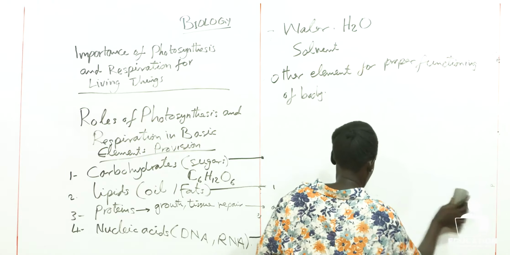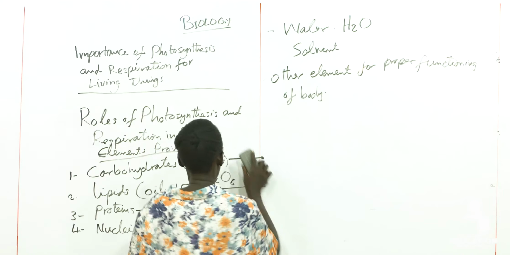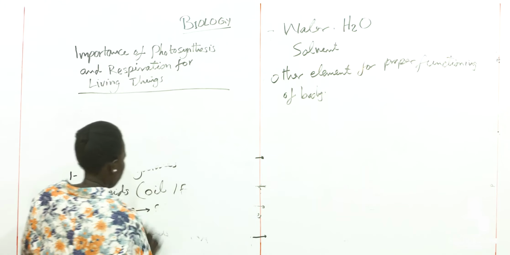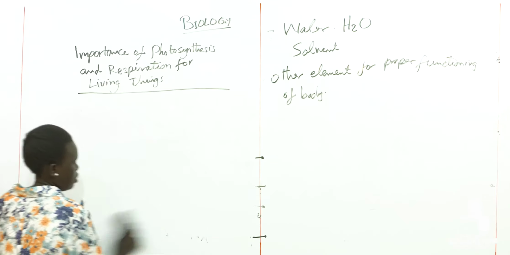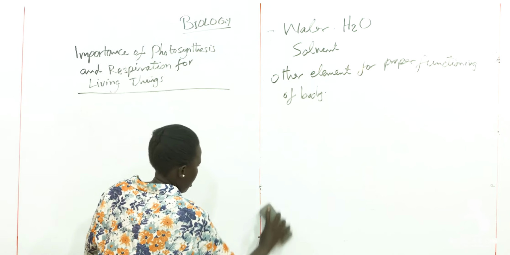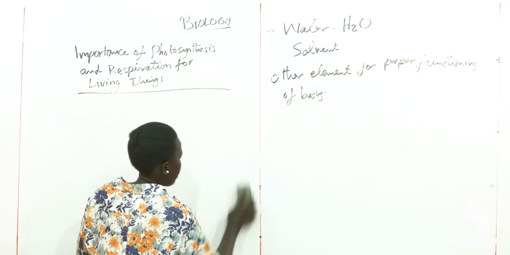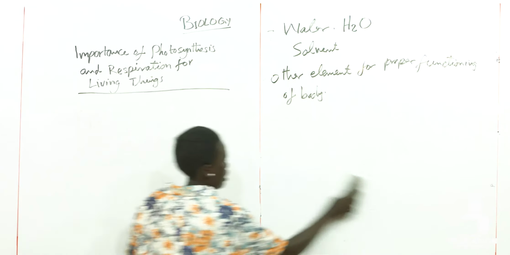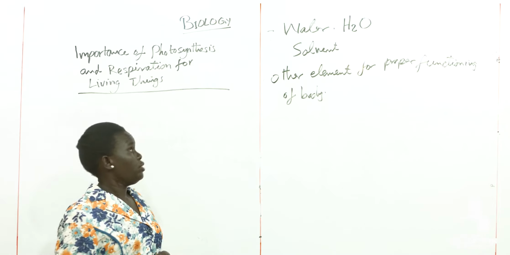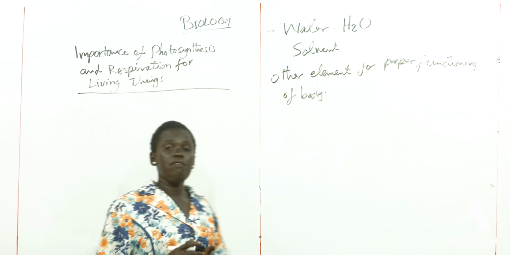These elements are sodium, potassium, magnesium, calcium, iron, plus chlorine and fluorine. These are the other elements, and they're also very important for the life of living organisms.